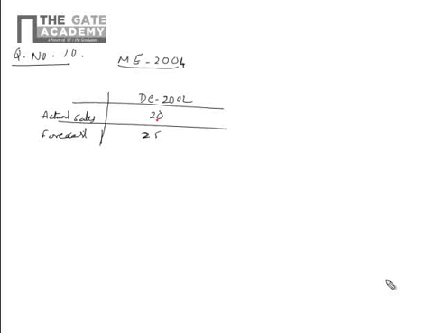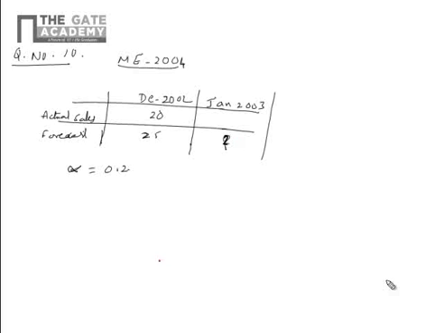If the exponential smoothing constant alpha is 0.2, then the forecast for January 2003 will be, we need to calculate.